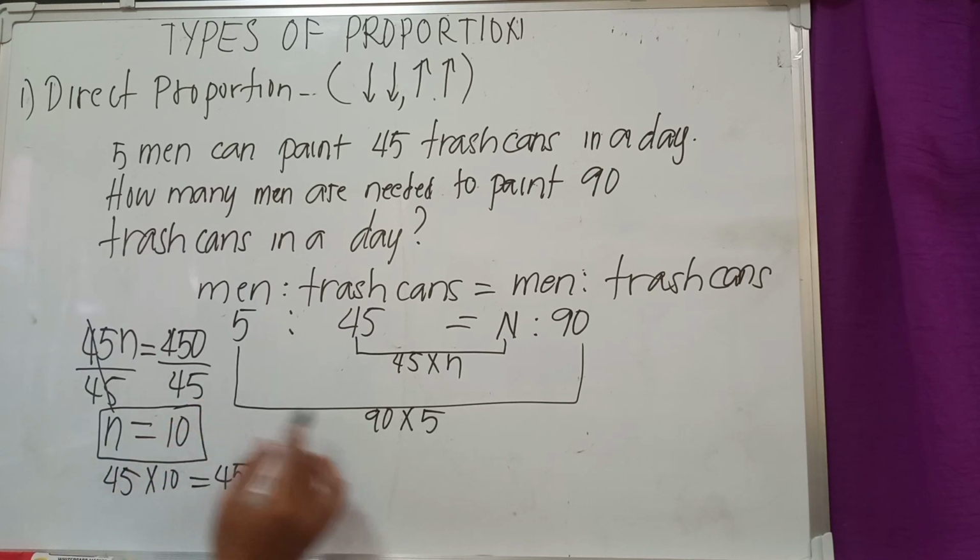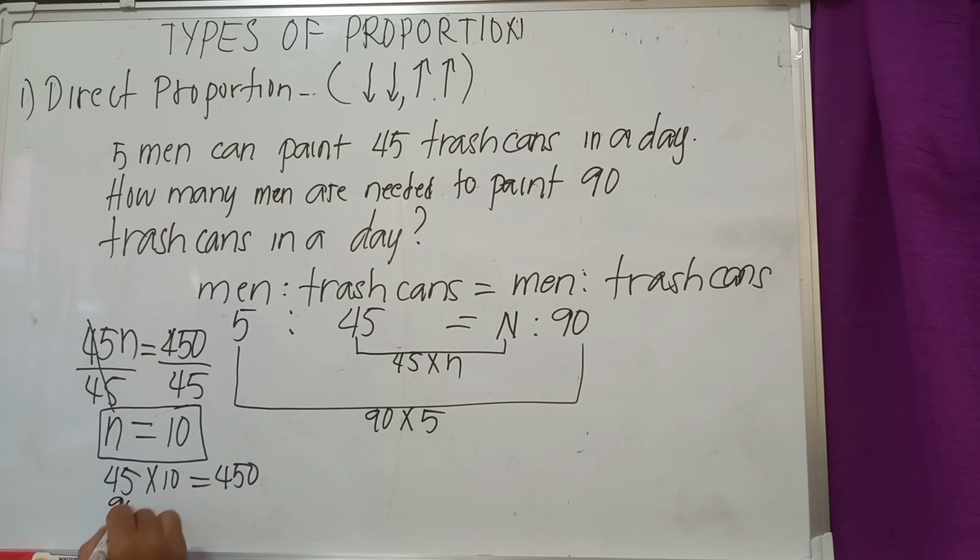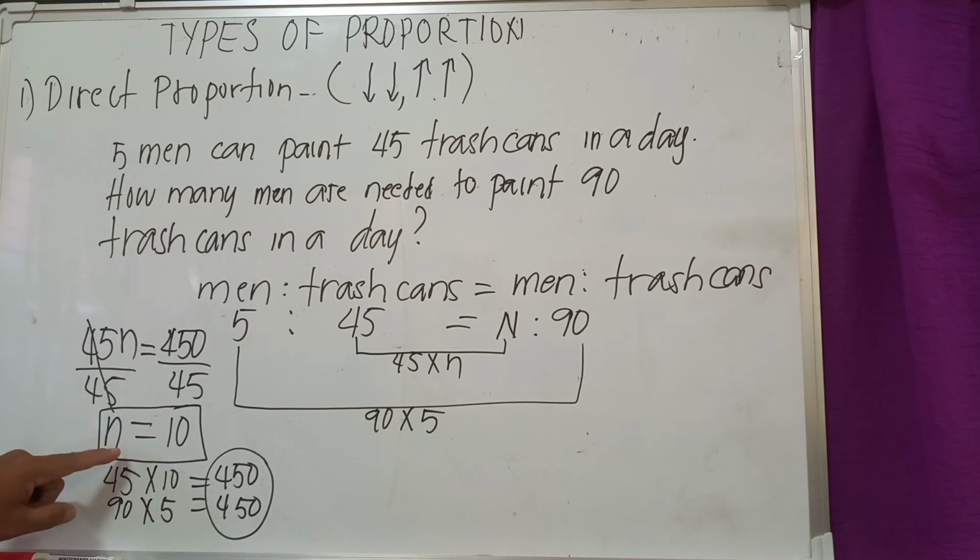Multiply the extremes. 90 times 5 equals 450. So, the product of the means is equal to the product of the extremes. So, pag equal sila, meaning, tama yung ating nakuhang hinahanap na 10.